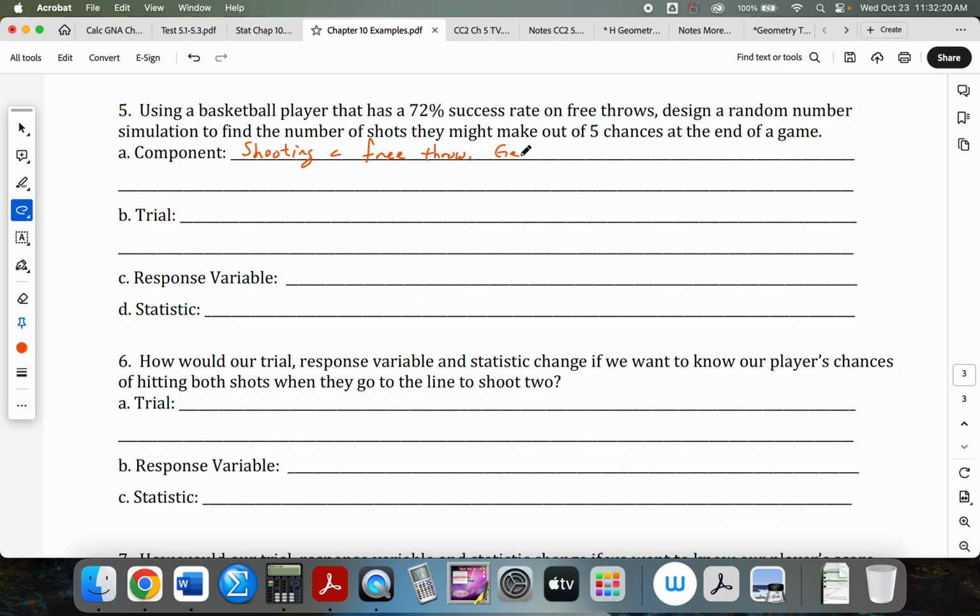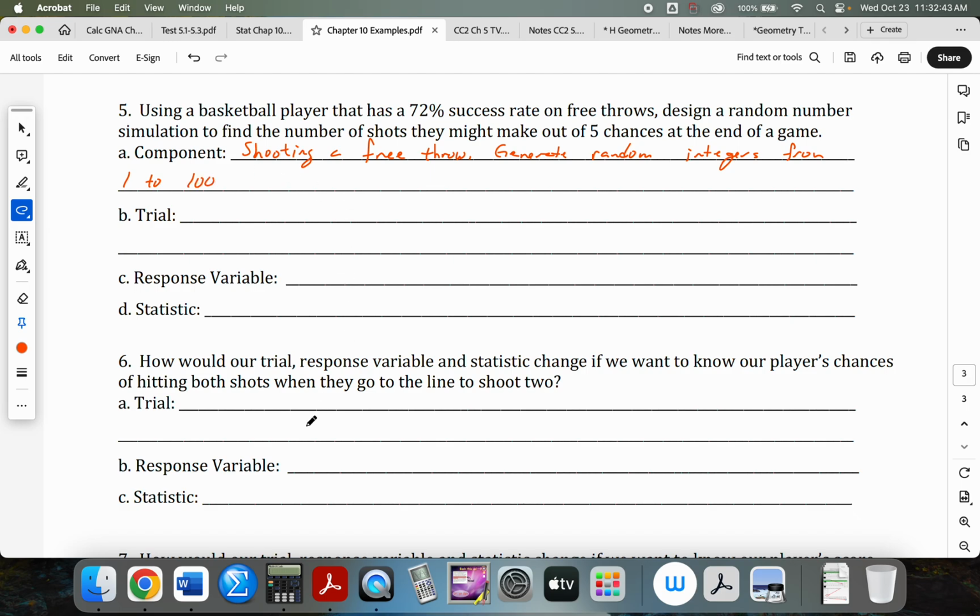So we're going to generate random integers. And for this one, I'm going to do it from 1 to 100, since it's not like an even 10, 20, 30.